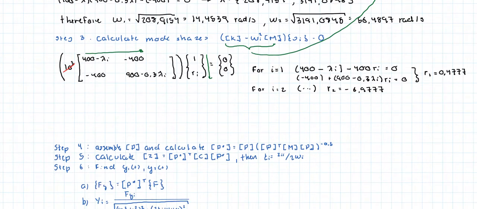So we're going to write our mode shapes before we go on to the next step and assemble the P matrix, or the modal matrix. So we have 1 and 0.4777, and the second mode shape.